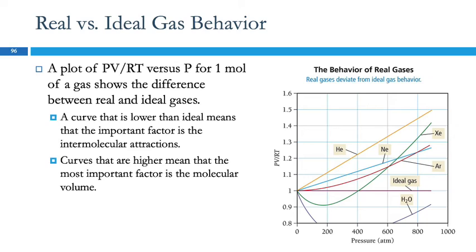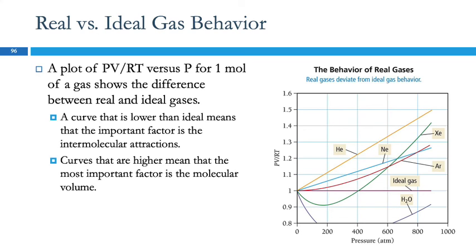If we plot pressure times volume over R times temperature versus pressure for 1 mole of a gas, an ideal gas will give us a straight line. Real gases are going to vary. Some of them are going to be higher, some are going to be lower, some are going to start out low and then get high.